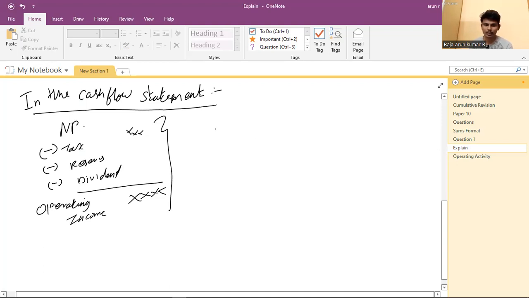How is operating income derived? Gross profit minus operating expenses equals operating income.